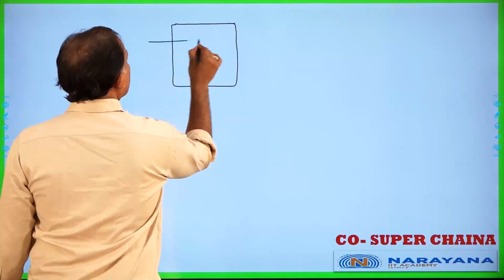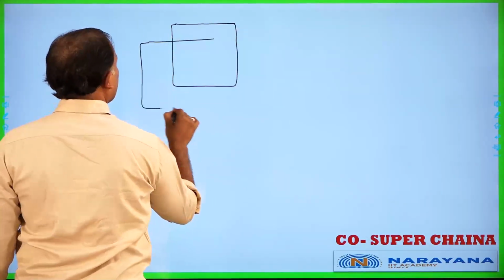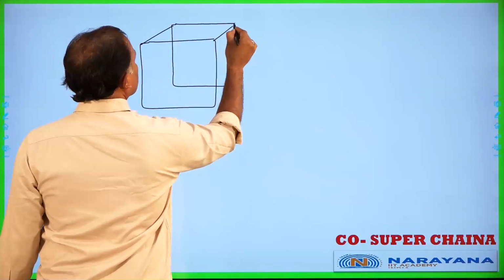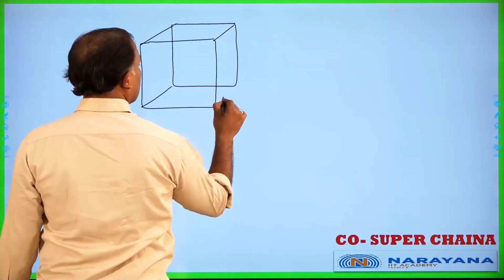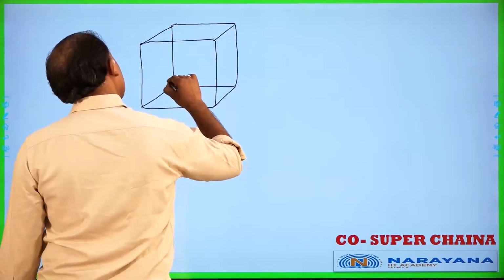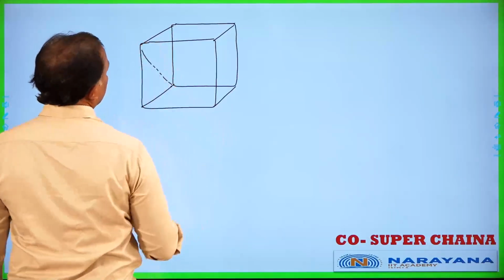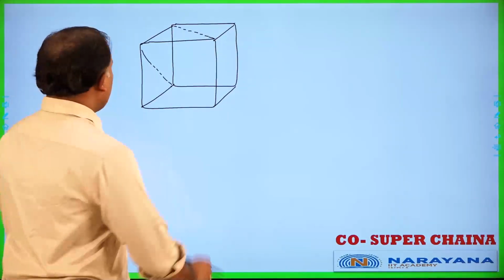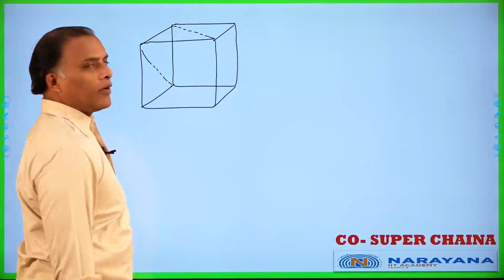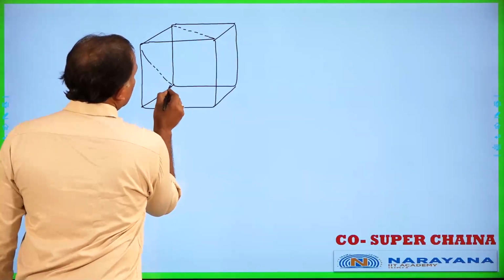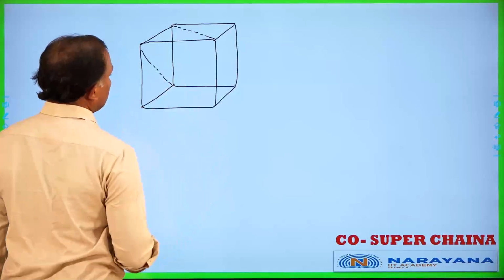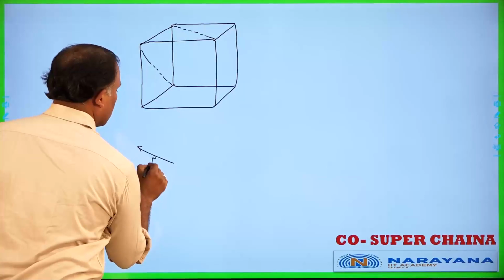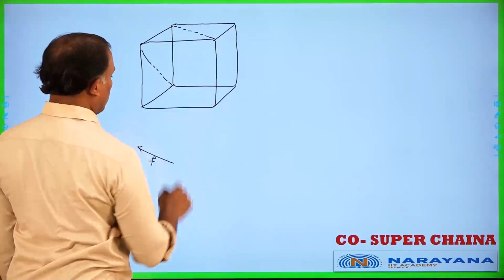In this diagram, on this side one insect, and here one more insect is moving. As it is moving like this, friction will be acting there, so here the friction like this, and here also one more friction.